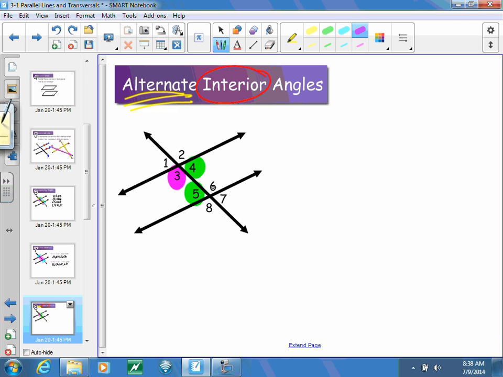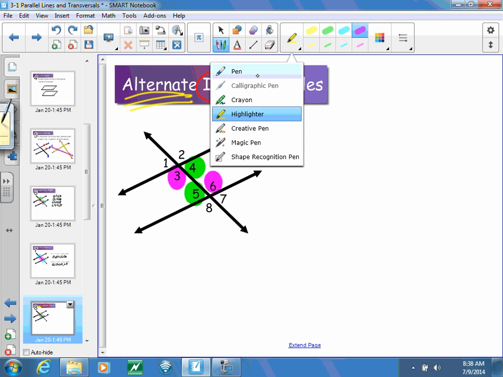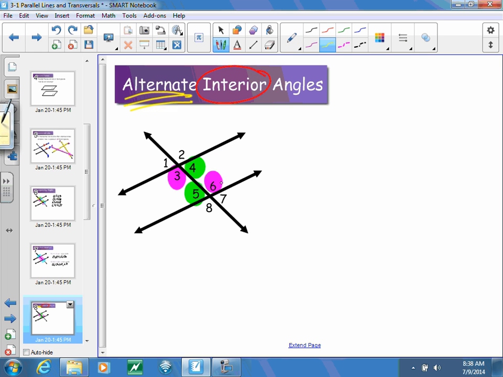Angle 3 and angle 6 are also alternate interior angles because they are on opposite sides of the transversal line. So angle 4 and angle 5 are alternate interior angles, and angle 3 and angle 6 are also alternate interior angles.